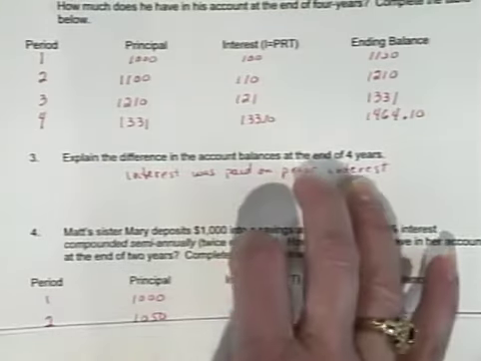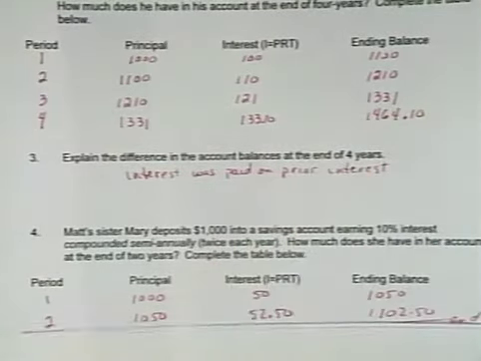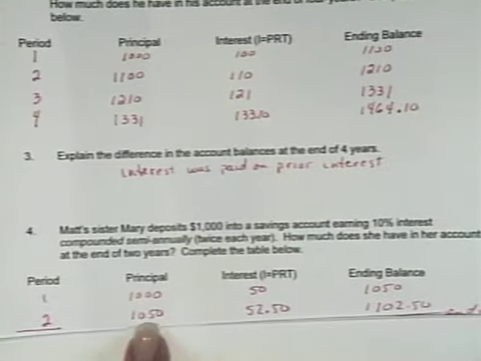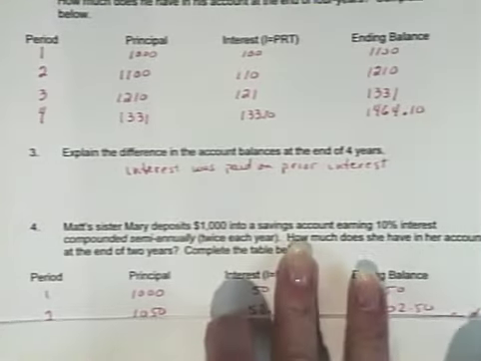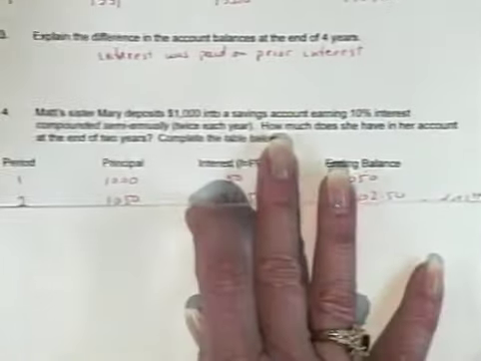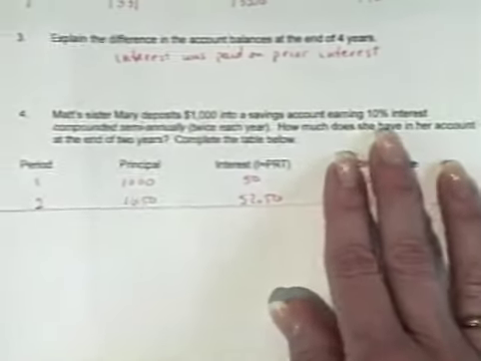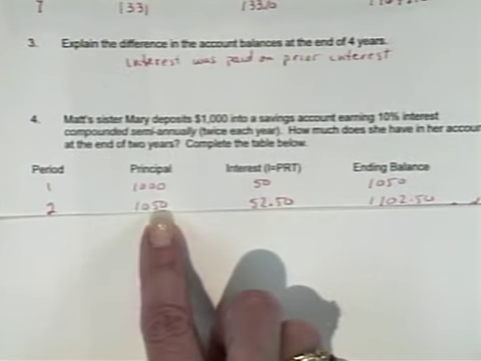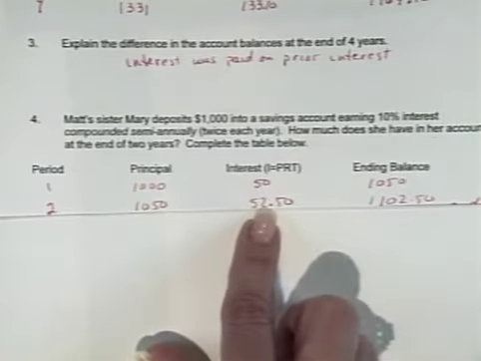Second compounding period, which is actually the end of the first year. Is that all right? Going into that compounding period, she would have a principal of $1,050. When I calculate the interest, Mary would earn $52.50.